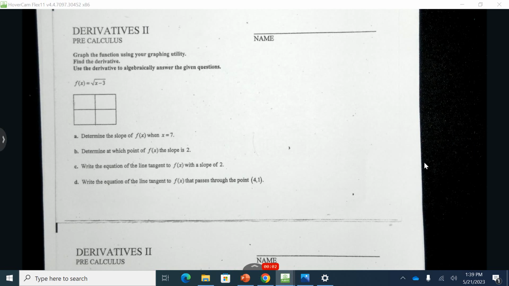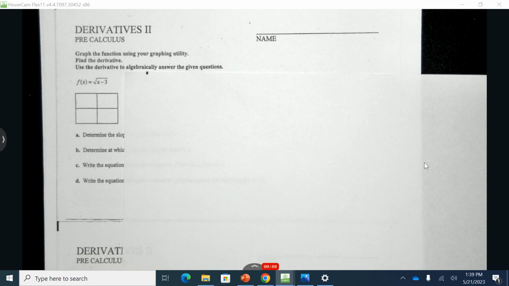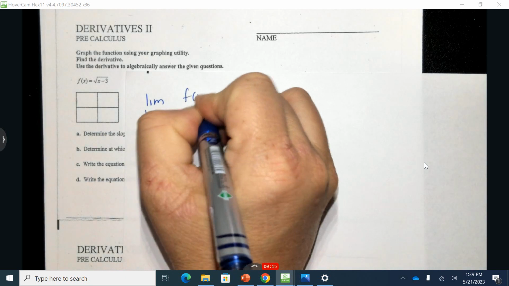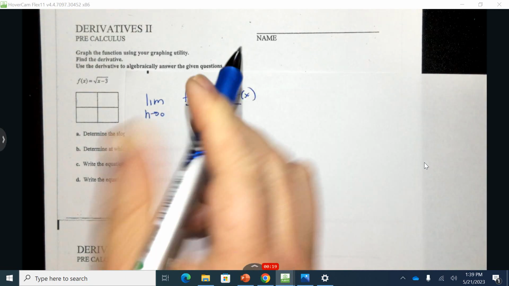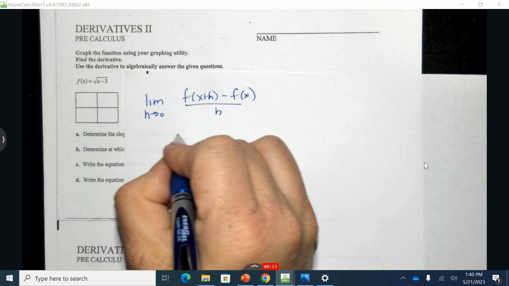Not enough room again to complete these problems in a given space, so I'm going to grab another piece of paper here. And I'm going to start by deriving the derivative. So I'm going to substitute in x plus h where I see x.